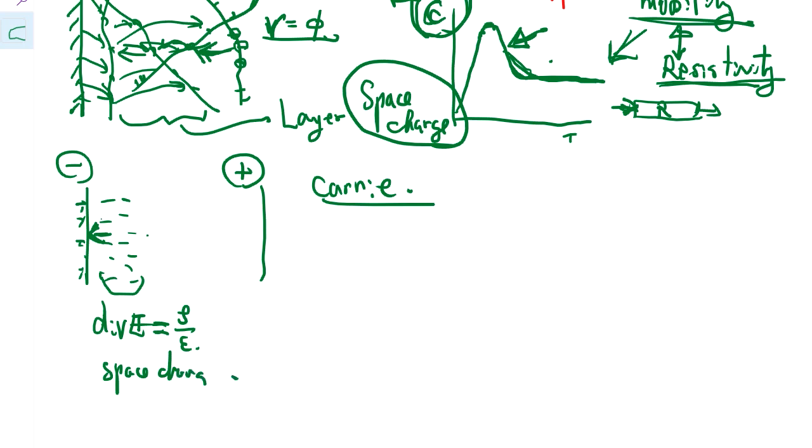The space charge generates an electrical field against the electron. So even for only a 4 electron volt material, sometimes you need 1000 volts to inject some charge. Okay, so this is the insulator.